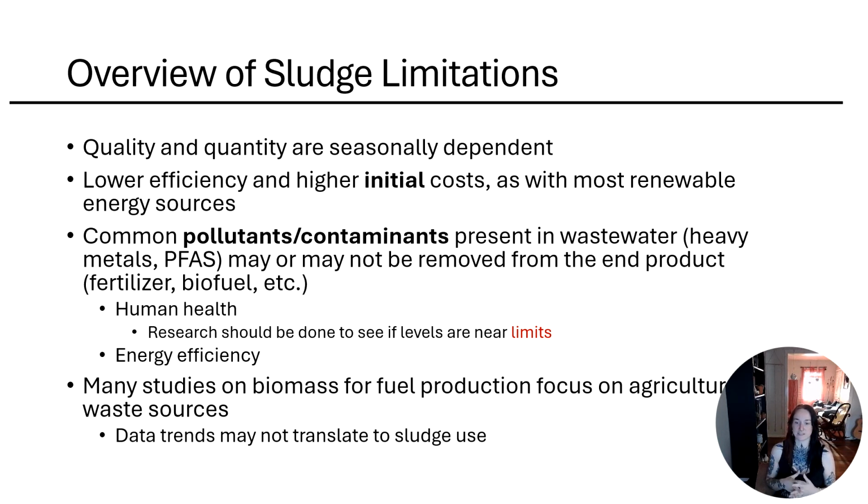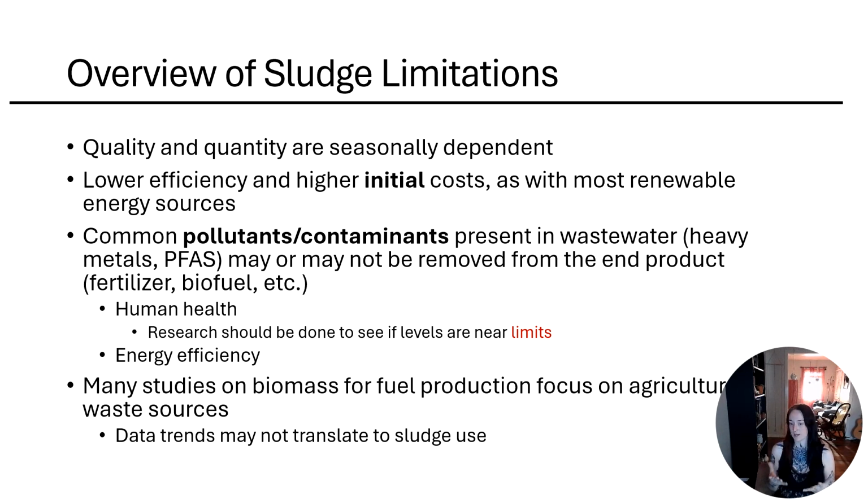Common pollutants and contaminants in wastewater may or may not be removed from the end product. So we talked about in pyrolysis, how it looks like PFAS are removed from the end product. But the contaminants that are taken out of the wastewater are oftentimes concentrated in the sludge. Now, there's different ways that we can look at removing these, pre-treatment and before production, of course.